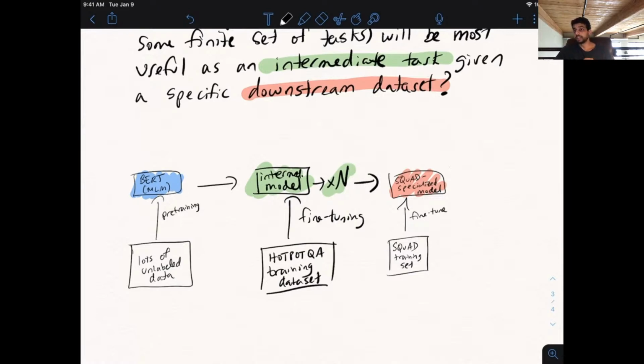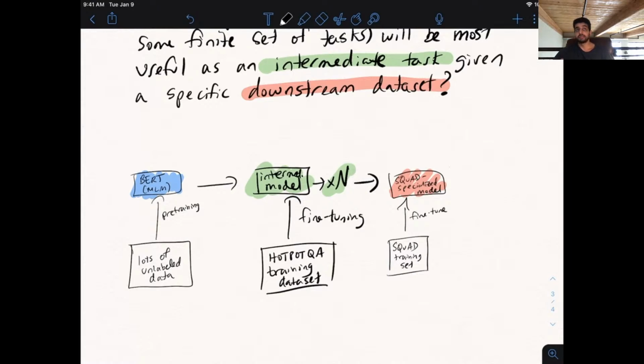We could use unlabeled data, so we have potentially infinite pre-training data, versus for each intermediate task, we have a relatively small amount of labeled data, right? So the pre-training phase is definitely the most important, and if we get too far away from the pre-training phase, then our model might forget a lot of the useful information that could potentially benefit our downstream SQuAD model.